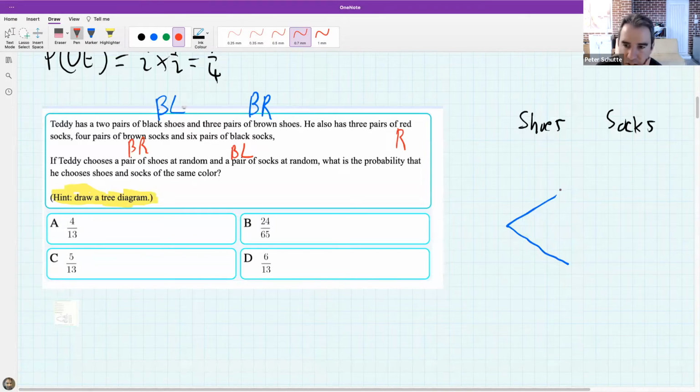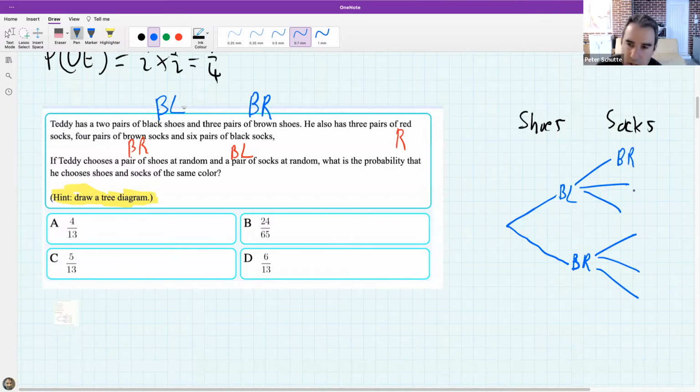So how would we represent that? Well, my first choice would show those choices, and my second choice would show my other 3 options, which are BR, BL, and red.